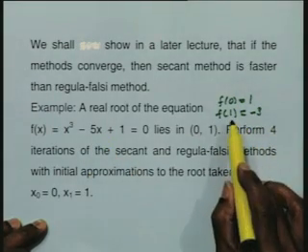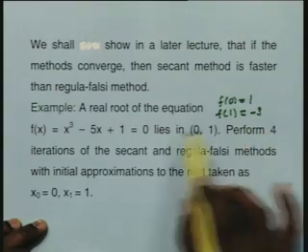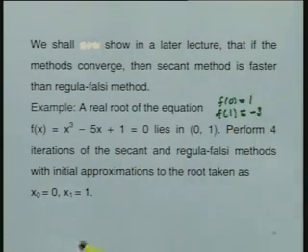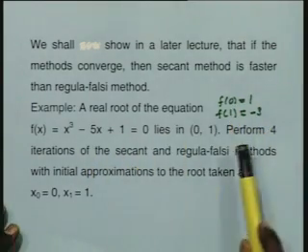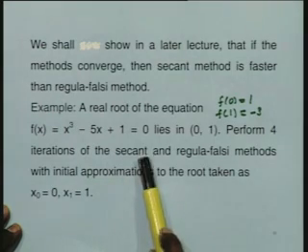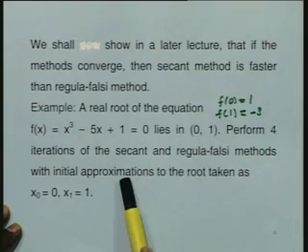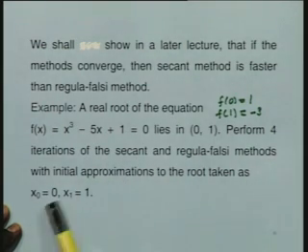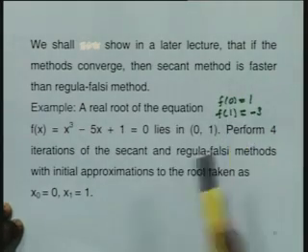So, I know f of 0 and f of 1 are of opposite sign, therefore the root lies between 0 and 1. Now, the example is to perform 4 iterations of the secant and regula falsi methods with initial approximations to the root taken as 0 and 1. So, that is the interval in which the root lies.